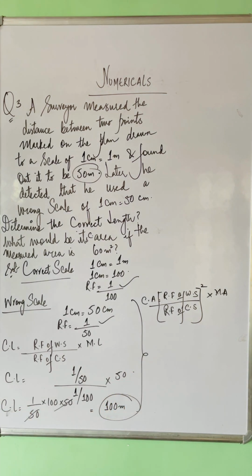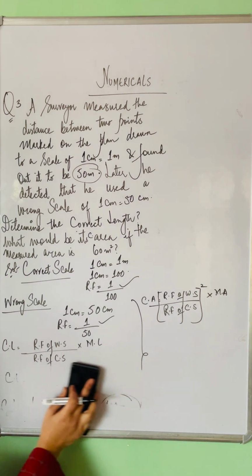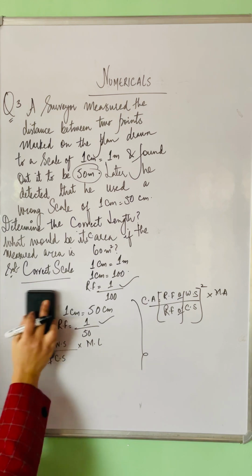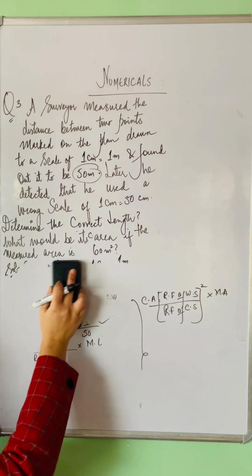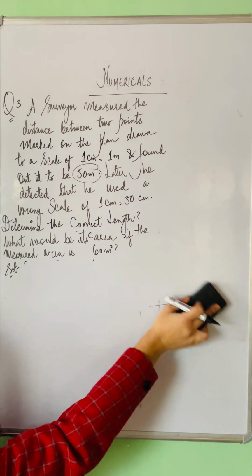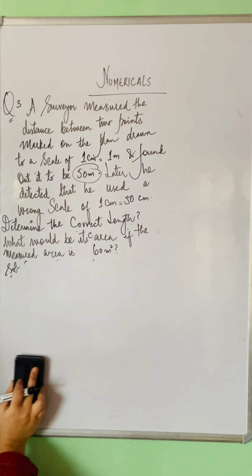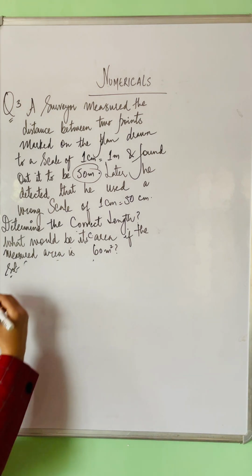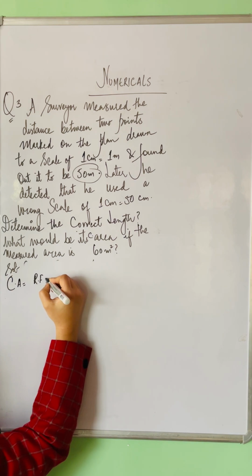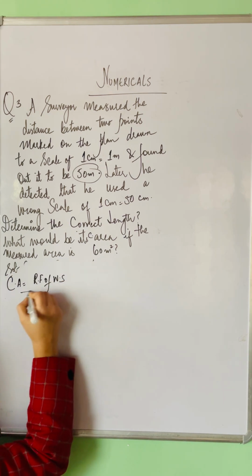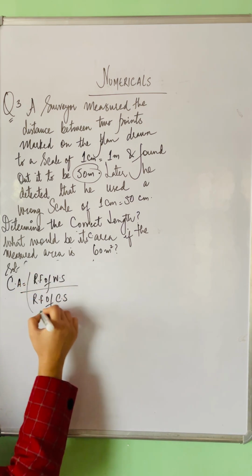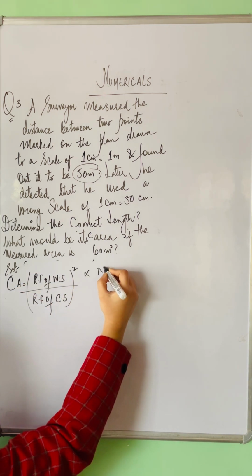Let me rub it first. Correct area is representative fraction of wrong scale divided by representative fraction of correct scale square of it multiplied by the measured area.